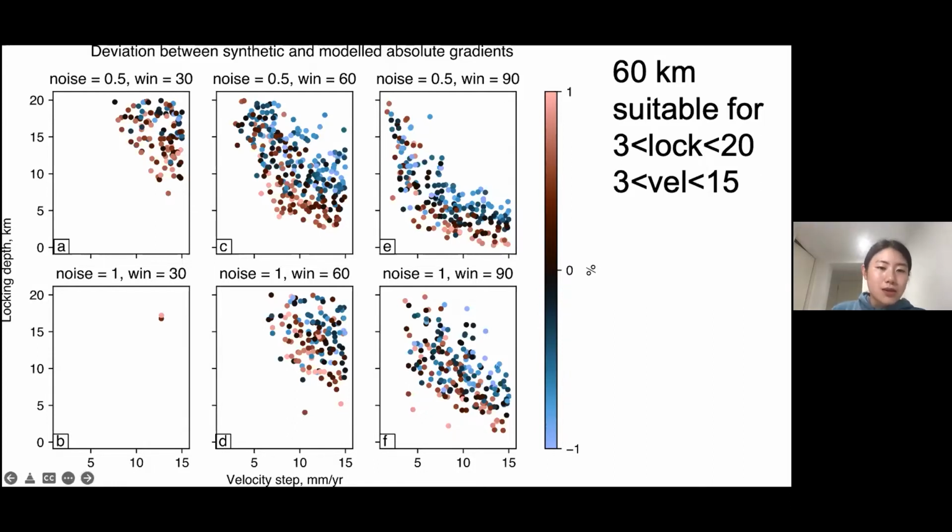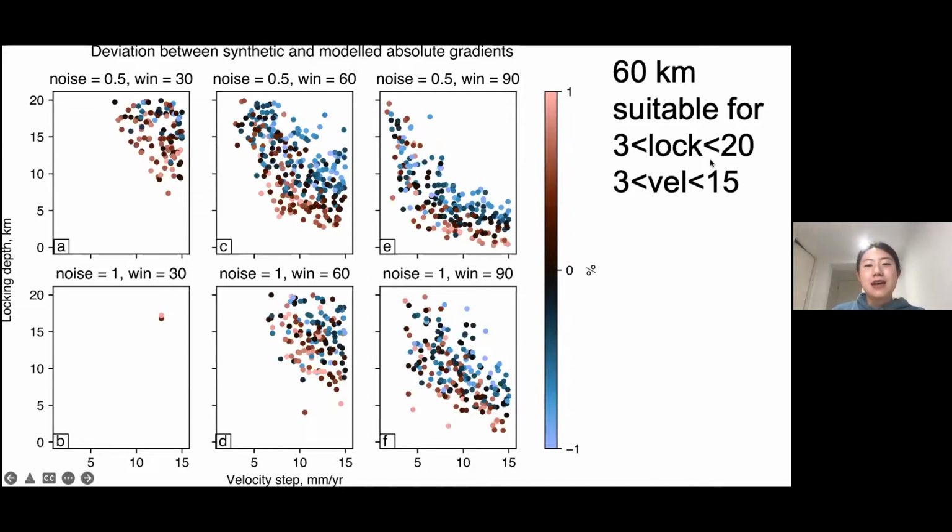I am only plotting dots that represent synthetic profiles with a suite of locking depth and velocity steps that after the filter, give me a velocity gradient profile, and with absolute gradient summed up to a value that is within 1% of the synthetic.